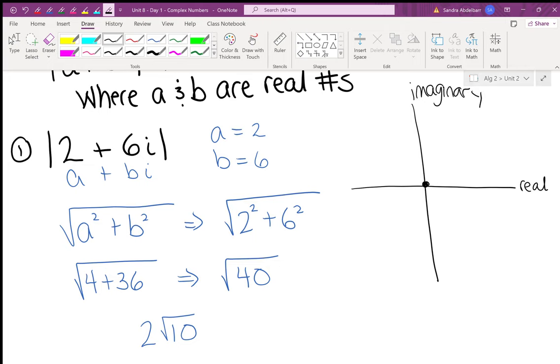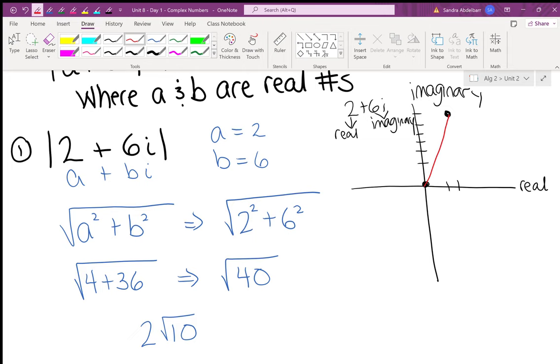And when we're finding the distance from 0 for 2 plus 6i, my 2 is my real, and the 6 is the imaginary since it's next to the i. So that means we're going to go over 2 and up 6 on the imaginary. So we're over here. And we want to find the distance from here to here.